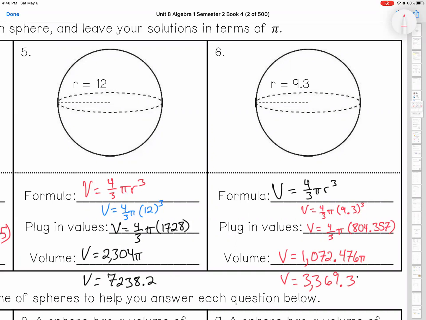So I personally like that extra step. So for number 5, we got 2,304 pi with that decimal value. And then for number 6, we got 1,072.476 pi with that decimal value. Go ahead, feel free to pause the video if you have any questions at all.